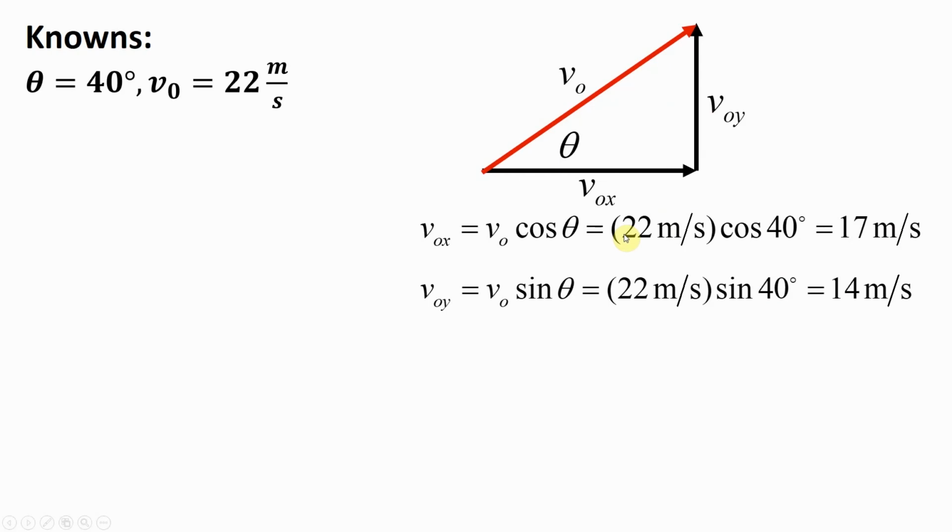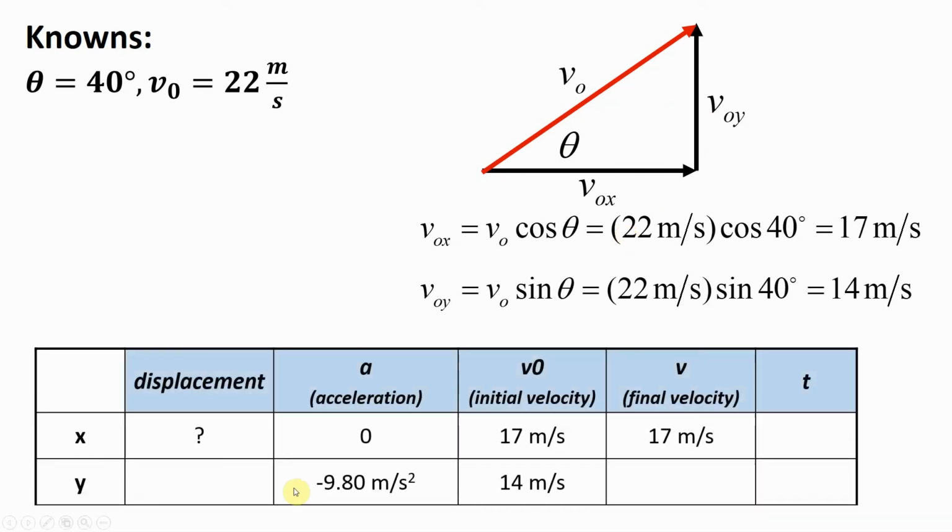Okay, so now let's write down what we know about the x and y components. My problem was to find the displacement in x. What's the total range? How far does it travel? I don't know about y yet. My acceleration, it's a projectile motion problem, so 0 in x, negative 9.8 in y. We just found the initial velocities.